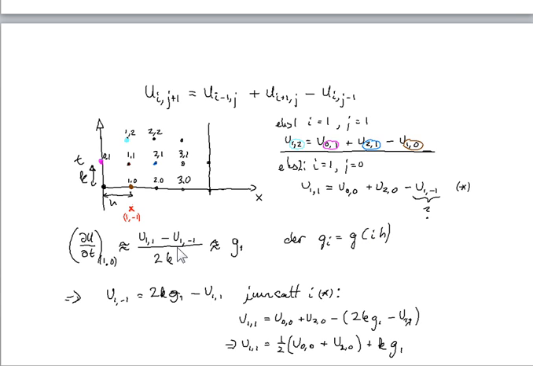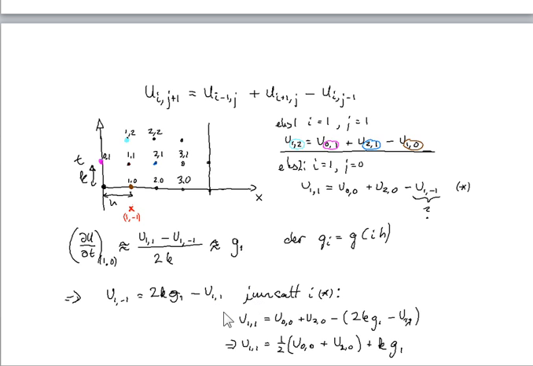So this can help us, because then we can just multiply this equation by 2k on both sides, and we obtain, we can then express u_{1,-1}, this virtual value, as 2k g_1 minus u_{1,1}.